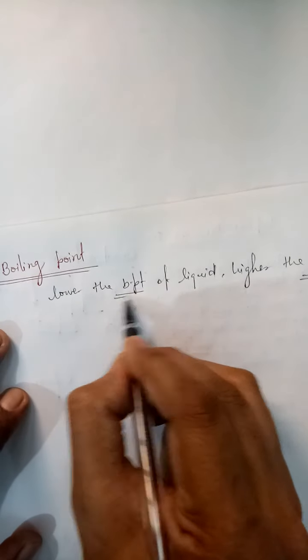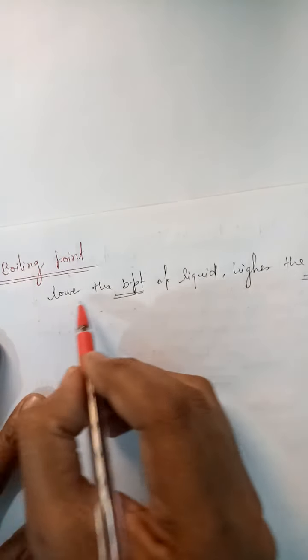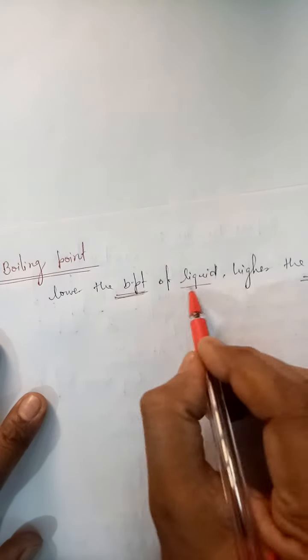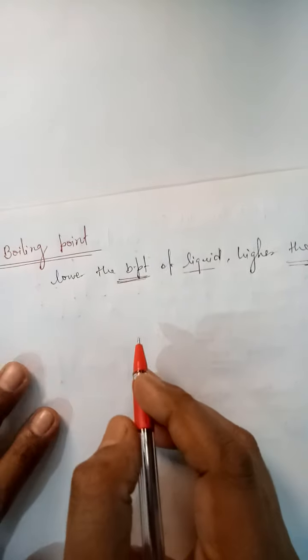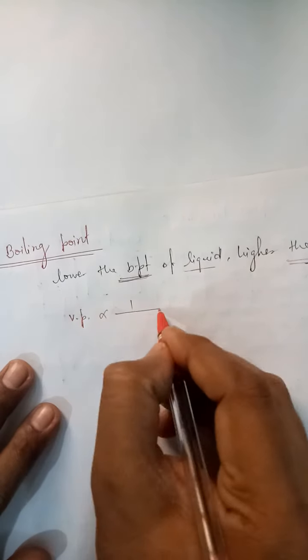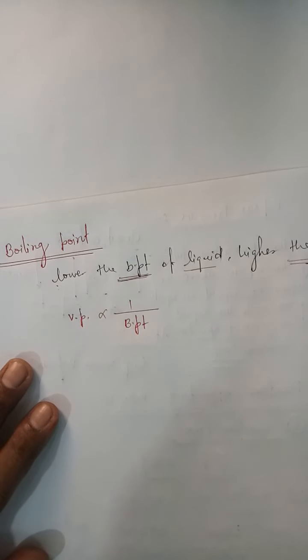Boiling point determines the force of attraction between the molecules. So we have seen in the second case that where the force of attraction of a liquid is high, it will have a low vapor pressure. So we can say that lower the boiling point of a liquid, higher the vapor pressure. That means the vapor pressure is inversely proportional to the boiling point of the liquid.